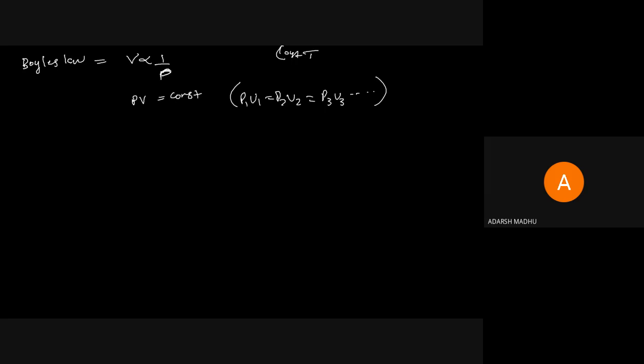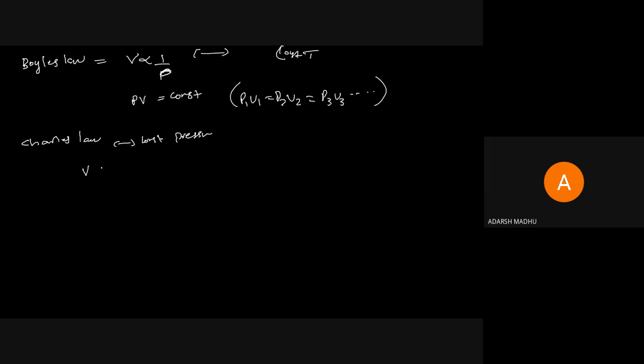And what is Charles law? Charles law is at constant pressure. Boyle's law is at constant temperature, and Charles law is at a constant pressure, where the volume is directly proportional to absolute temperature.